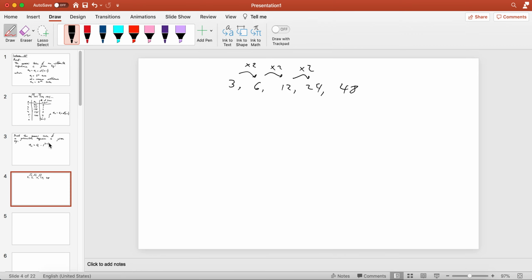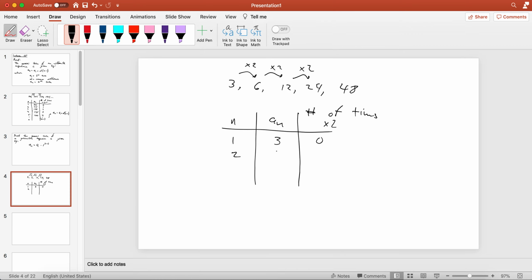Now let's try to figure out how we would derive that equation. So again, I'll make that chart. Here's n, here's a sub n, and this will be the number of times we multiplied by 2. The first term is 3, and we've multiplied by 2 0 times so far.